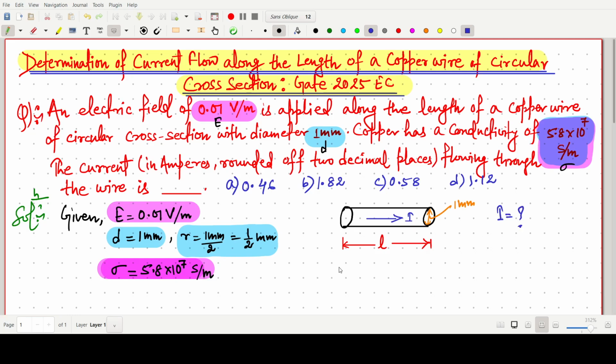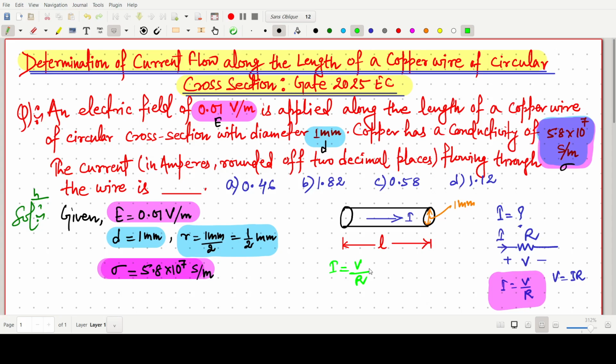In general, to find the value of current, we think about a resistor having resistance R. If there is some voltage V, the corresponding current I can be written as I equals V by R. So the current in the copper wire is represented in terms of voltage and some resistance. So one can write V by R.